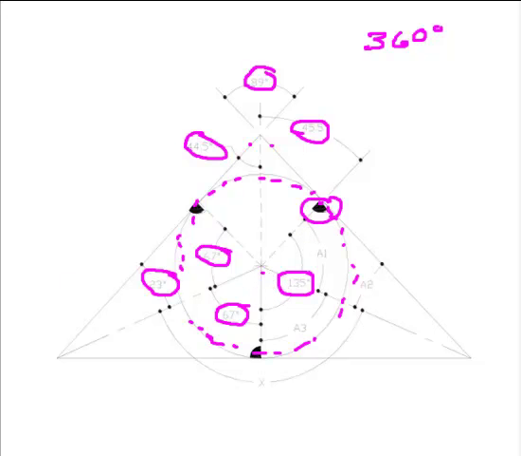So what is the other side to the equal angle? Well, let's take a look at that. We know that we have a distance from here to here that's going to be the same as the distance from here to here, right?